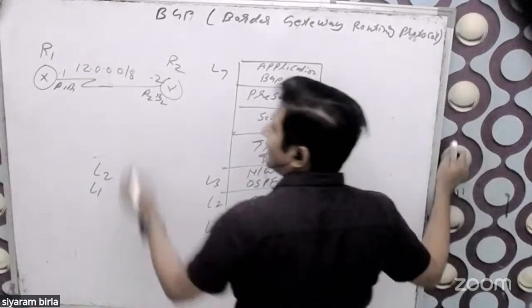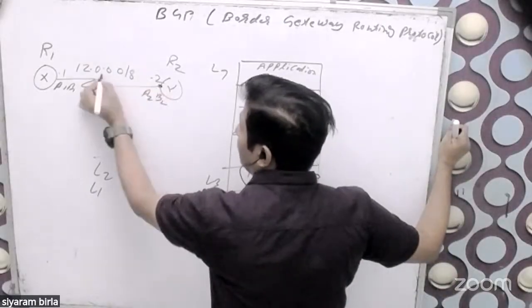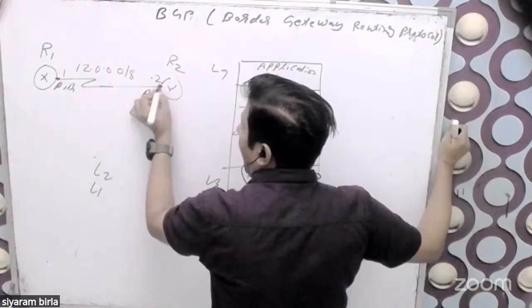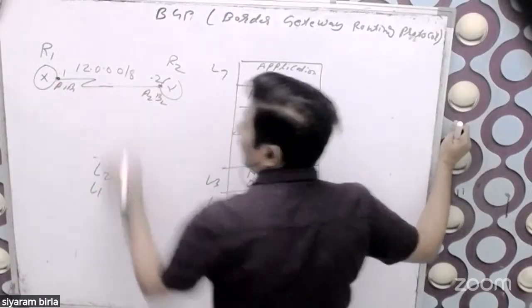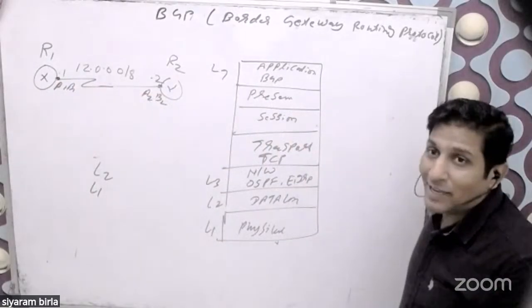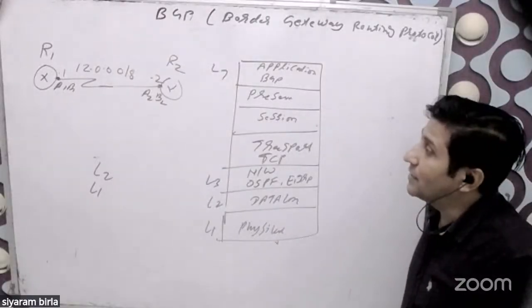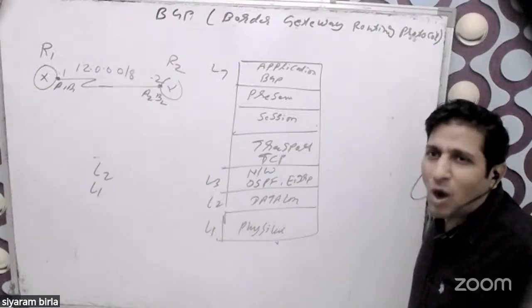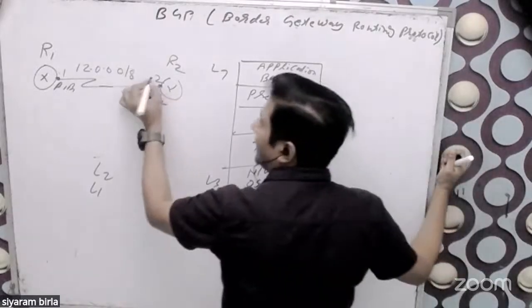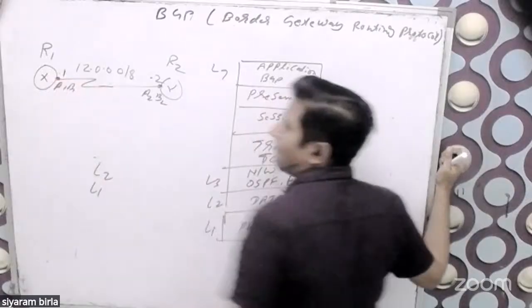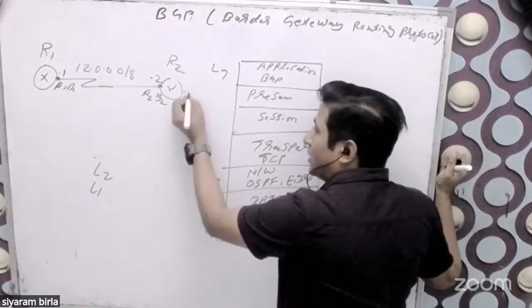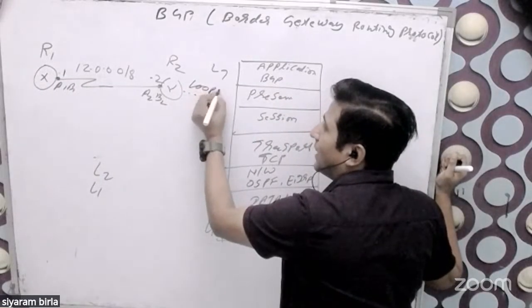What do you mean by layer 3? It means the IP address should be assigned, and the R2 router should be able to ping the R1 router. If routing is not there, they cannot ping. In my case it is directly connected, so routing is not needed; you only assign the IP address and they can ping directly. But I will teach you about loopback IP addresses.